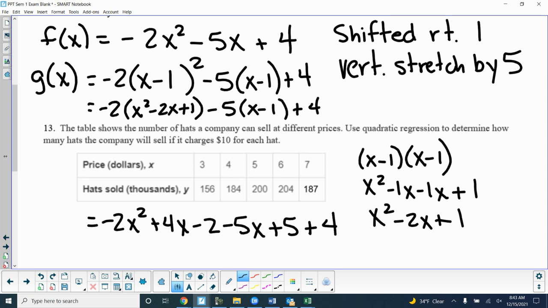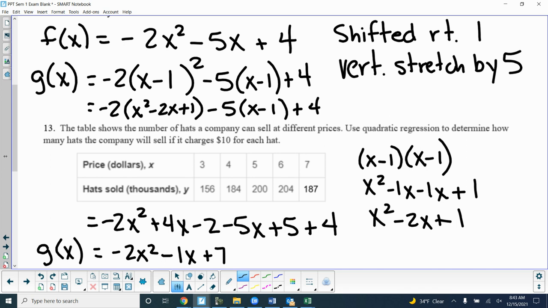Okay? So now I'm going to combine like terms to get it simplified. I got a 4x minus 5x, so that's a -1x. -2 plus 5 is 3 plus 4 would be plus 7. So that's what my g of x looks like so far with a shift to the right, 1.